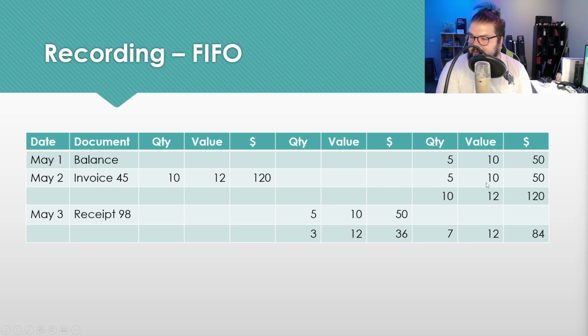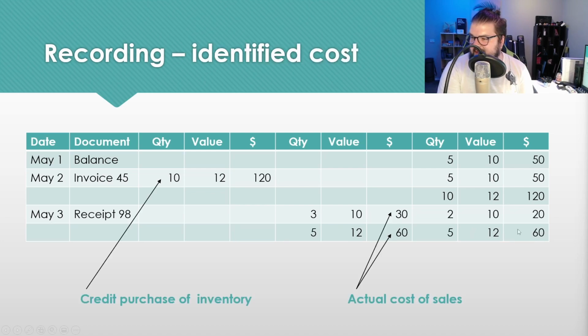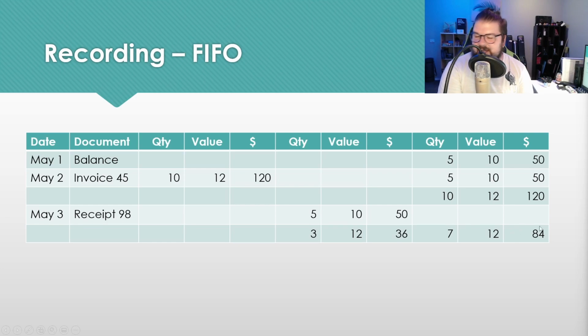So these 5 units that we had, we assume we sell those first and then we sell 3 units at $12. So in total, instead of having $90 of cost of sales, we have $86. So cost of sales is actually reduced under FIFO. And you can see our balance has changed as well. Instead of our assets being worth $80 here, they're worth $84, so you can see where that missing value's gone.